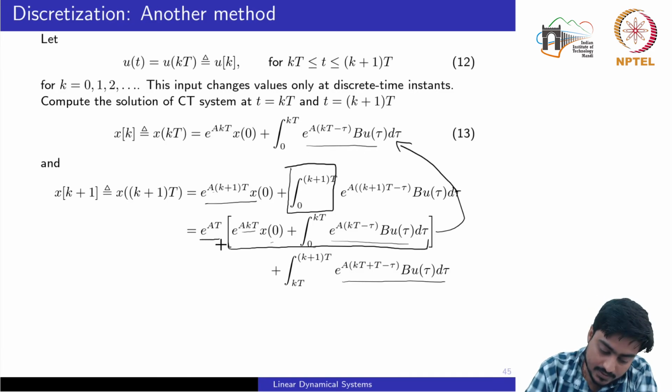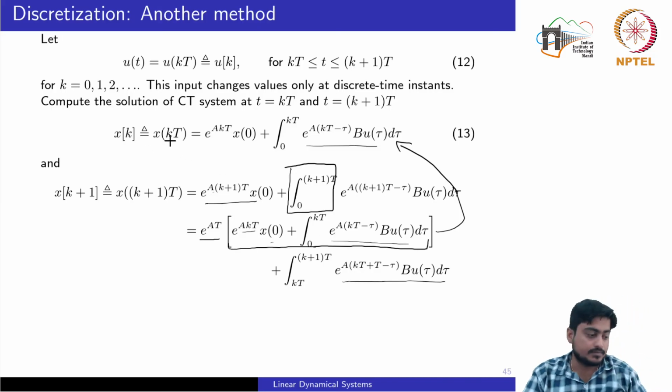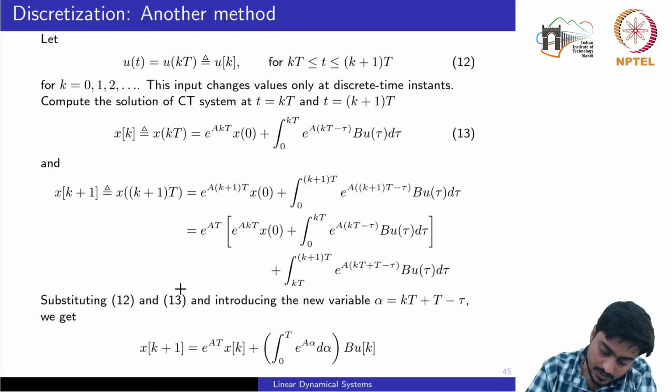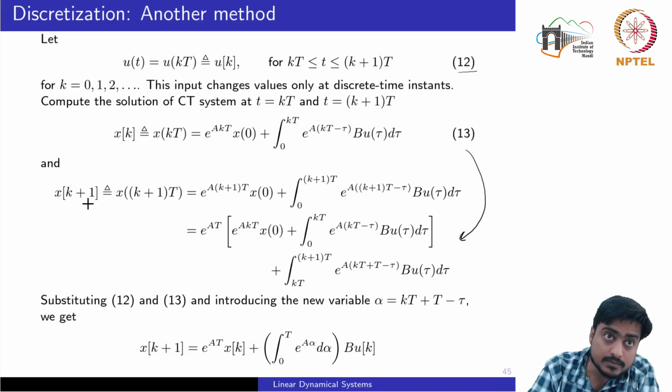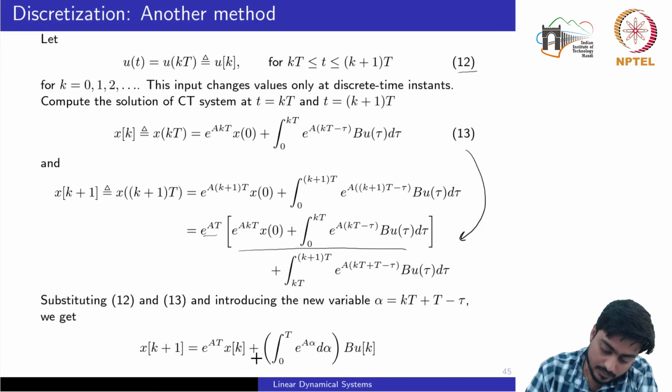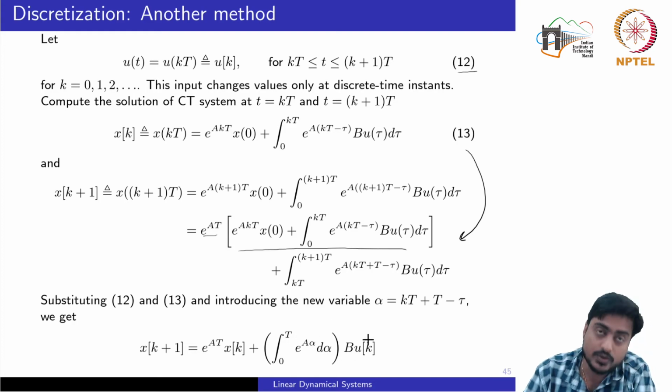So I can replace this whole term by x(kT). Okay, I substitute these two equations into this equation to finally write x[k+1] equal to e^(AT) x[k], which is this one, plus this integral from 0 to T of e^(A alpha) d alpha times B u[k].